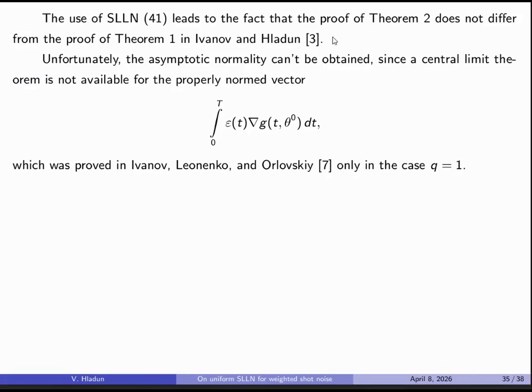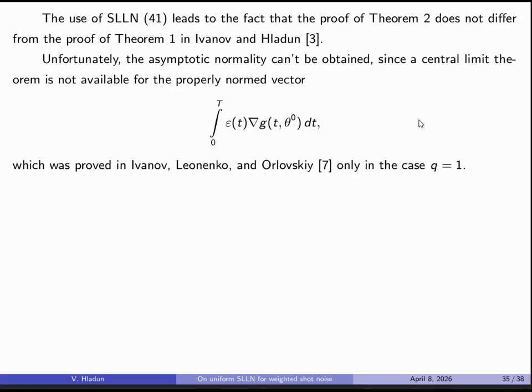So here we considered the Gaussian processes, and to obtain the strong consistency for this Lévy-driven process, the obtaining is exactly the same, but we just need to have this strong law of large numbers for this type of random process, and that was described in this presentation.